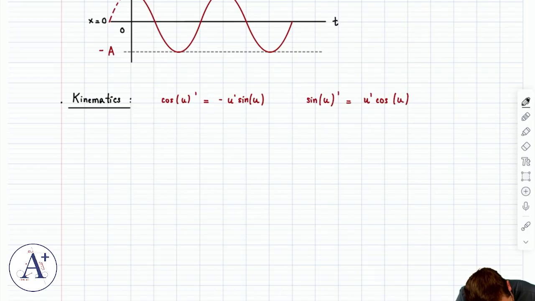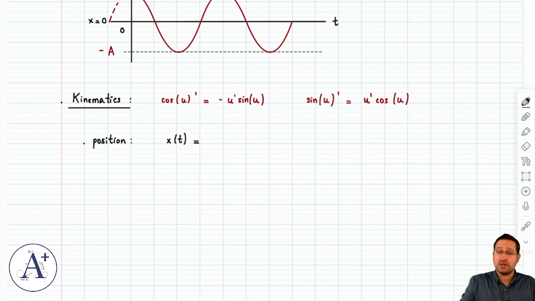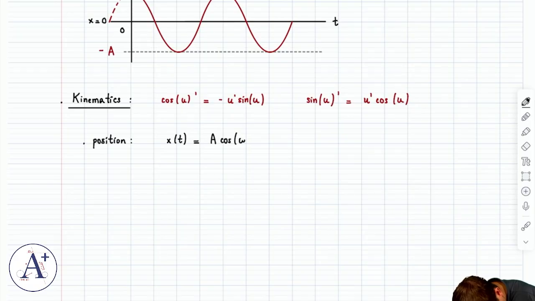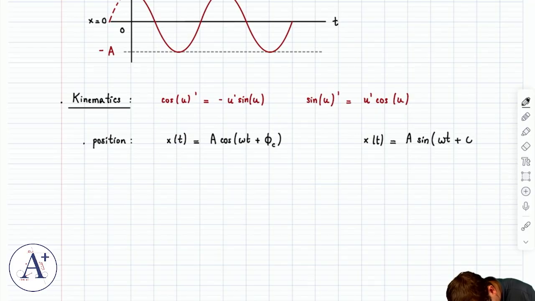So let's say we start with what effectively is going to be position. Now I'm using x of t, but again, it could be y of t, it could be theta of t, it could be angular position, right? But let's just assume that we start with a cosine here. And let's see what happens if instead we have a sine here. Okay, so I'm just going to cover both cases so that we've gone through all of them.